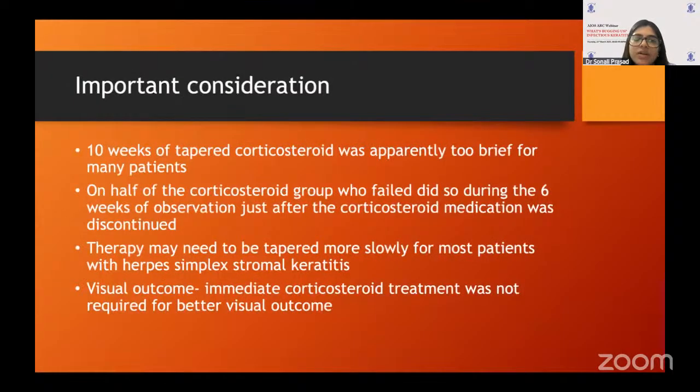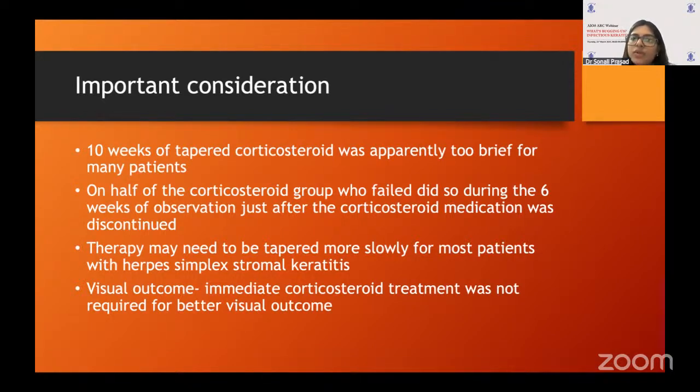An important consideration of HEDS 1 was that the topical corticosteroid was tapered very fast, at 10 weeks. And around half of the patients in the group had a recurrence or failure of the treatment within 6 weeks after the cessation of the corticosteroid treatment. So it taught us that treatment may need to be tapered more slowly.